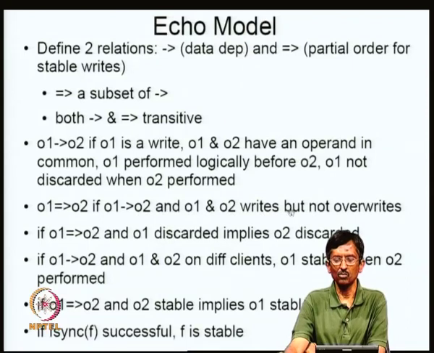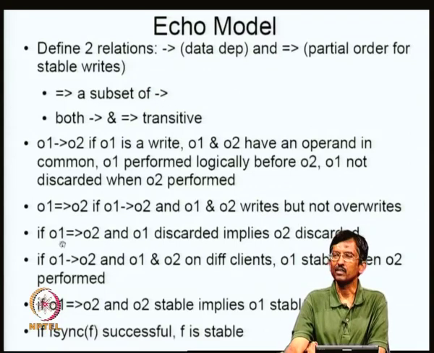So I'm only saying that O1 double arrow O2 in case O1 and O2 both are writes. I don't care if it is overwrites, so I will not have this particular thing. Whereas in the data dependency, it may be that that's important. That's why this double arrow is a subset of the single arrow.